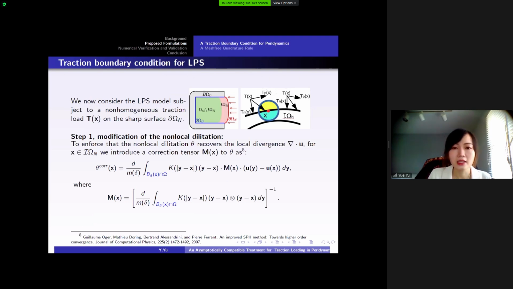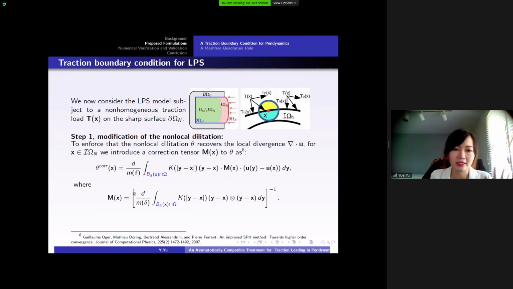Another nice property I want to emphasize is that this correction tensor is given by the integral over basically the blue region. When the material point X goes to the inside, into the green region here, this correction tensor is going to be the identity matrix.